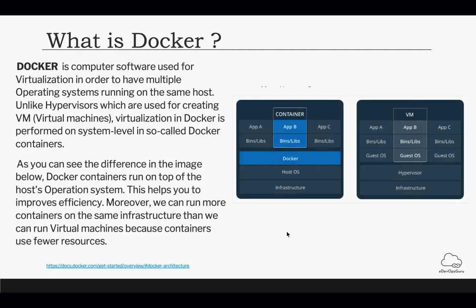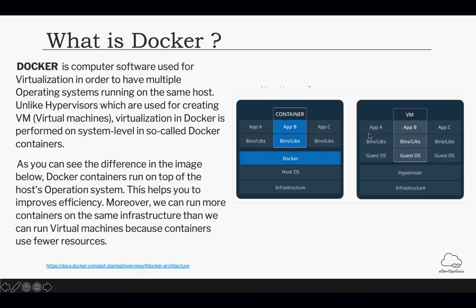So how it is different from traditional virtualization is, when we used to run multiple virtual machines on a particular infrastructure or particular hardware, we used to have a whole complete operating system.